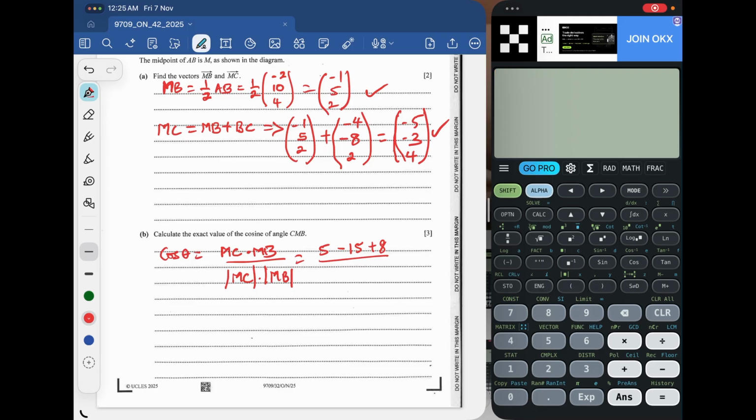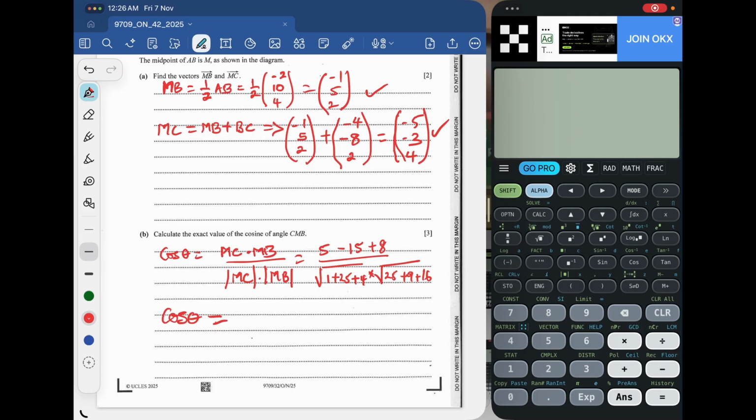Then we should get the modulus of MC and MB. The modulus of MB is the square root of 1 plus 25 plus 4, multiplied by the square root of 25 plus 9 plus 16.